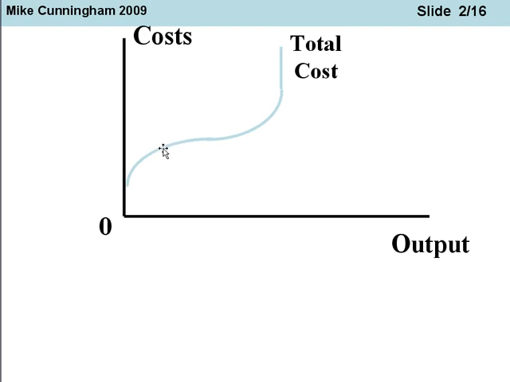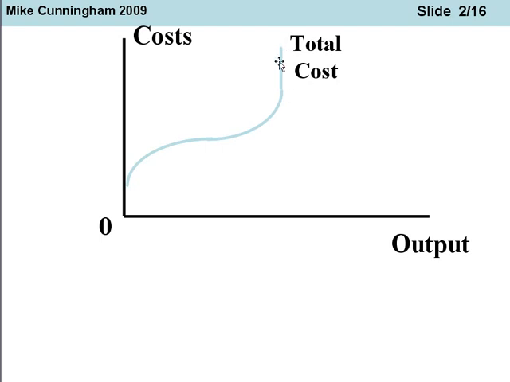Then as output increases, costs will increase, but they don't increase at the same rate, because workers are becoming more skilled at producing the output. They're more adept at production. Specialist machinery has been brought in, specialist departments. So average costs tend to fall off a little. And then as output continues to increase, the works become congested, people are tripping each other up, they're getting in each other's way, production's getting more complex, costs are starting to rise, and eventually when we hit capacity, that's it, the total cost would simply be vertical.